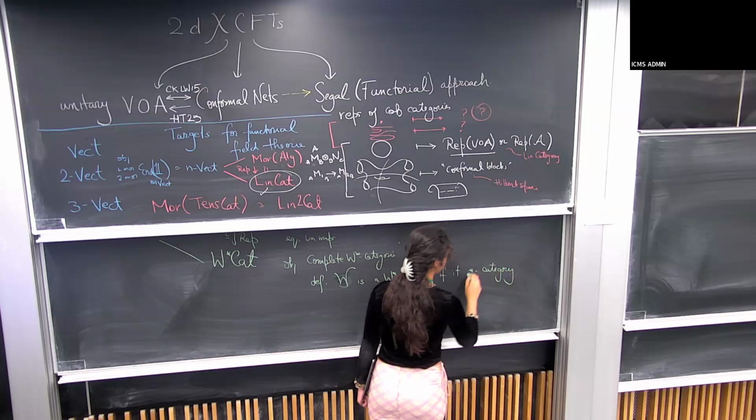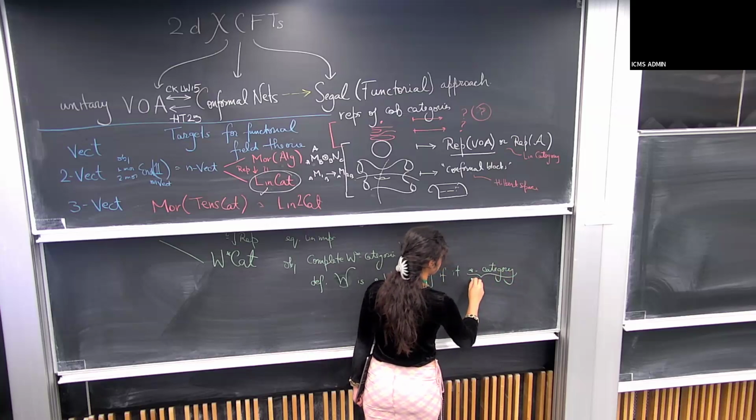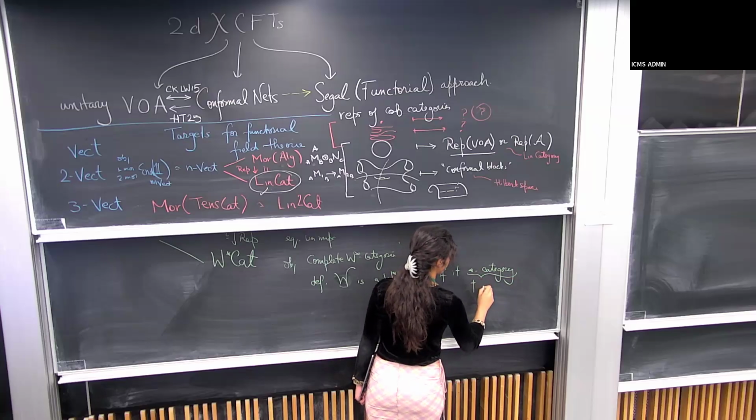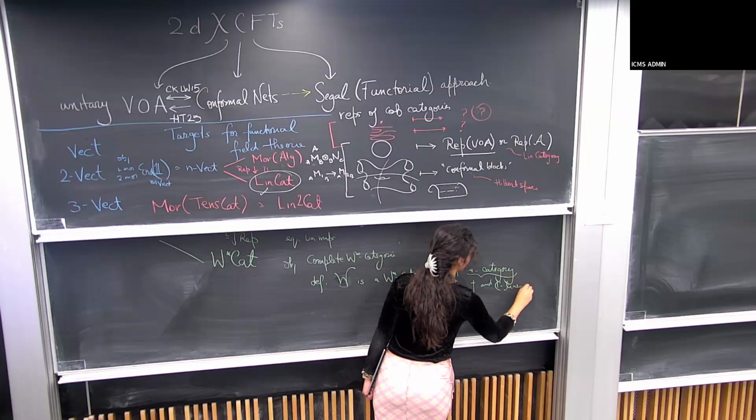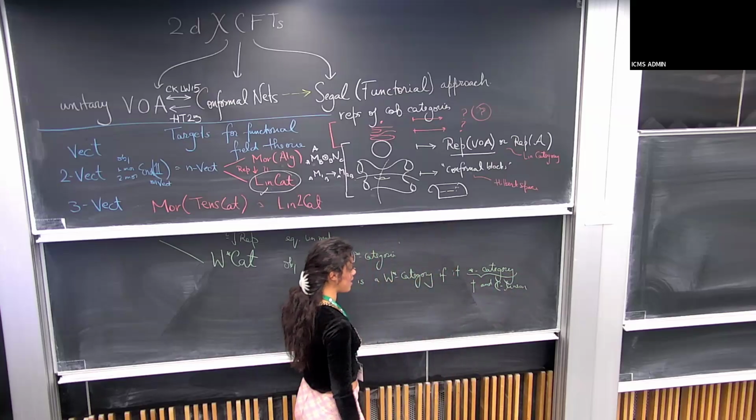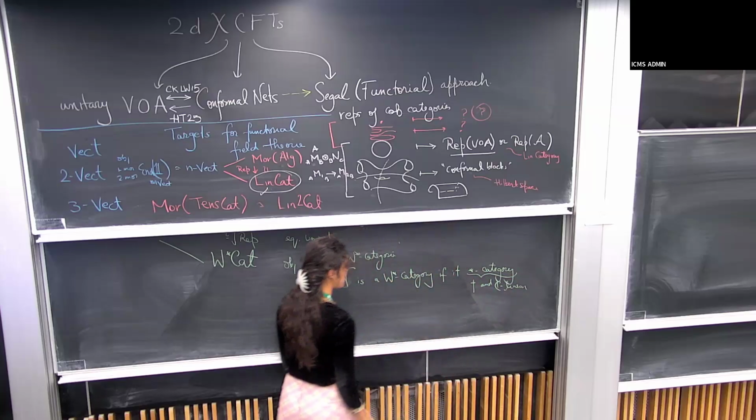So star already has meaning hidden inside. So it is dagger and C-linear. If anybody does not know what some of these terms mean, please stop me at any point.